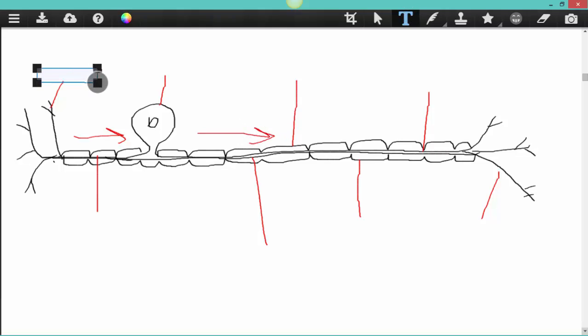So you should have guessed by now that this is an axon. Sorry. Nerve impulses are transmitted not this way, sorry. They're transmitted this way.